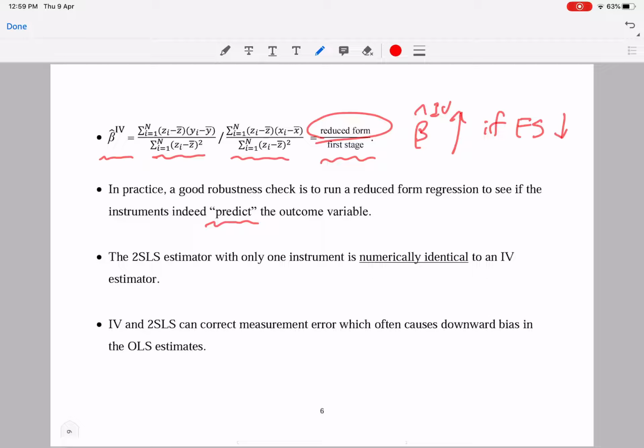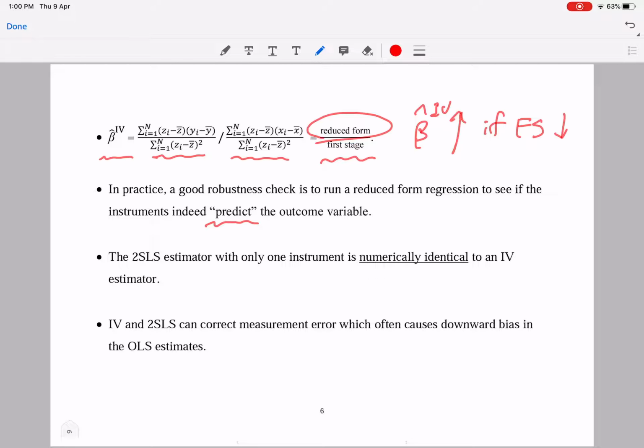One example is income. Say I want to look at the effect of household income on household leisure. I regress household leisure on household income.